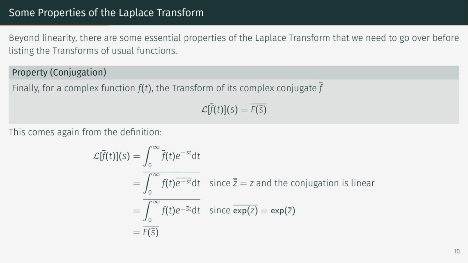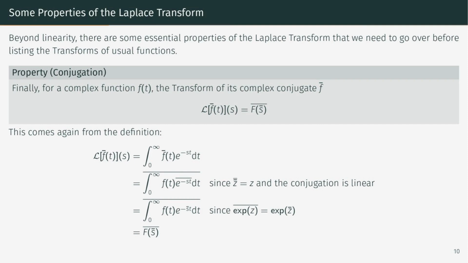We can see that this comes from the definition. First, the Laplace transform can be equated to its integral format such that the Laplace transform of f bar of t equals the integral of f bar of t times e to the negative st dt from 0 to infinity.